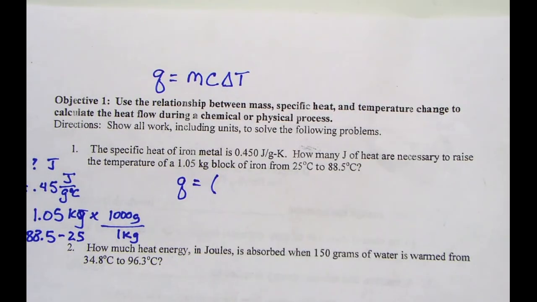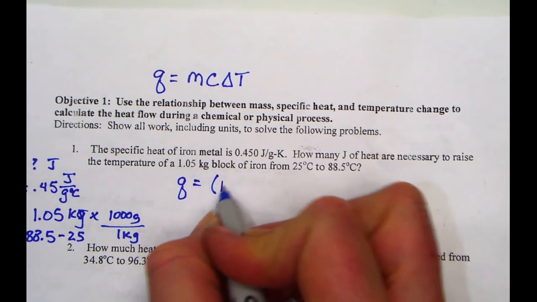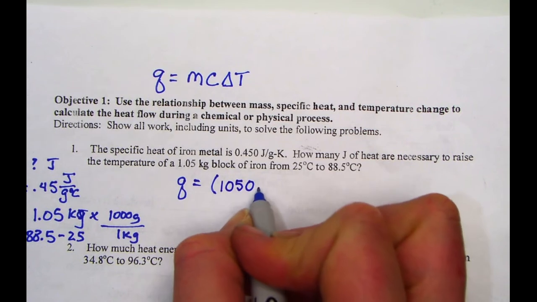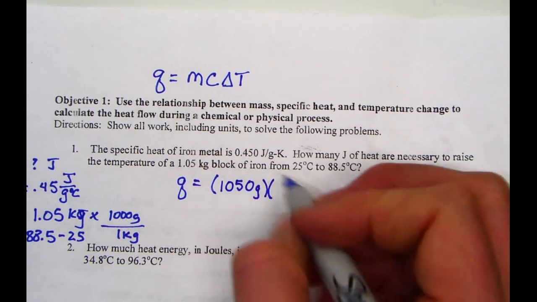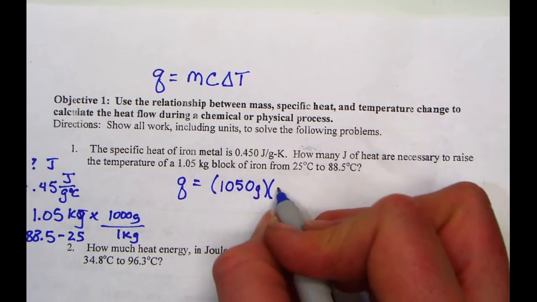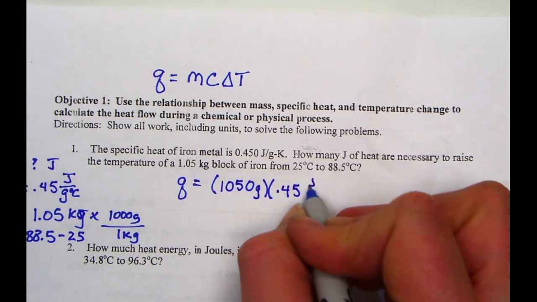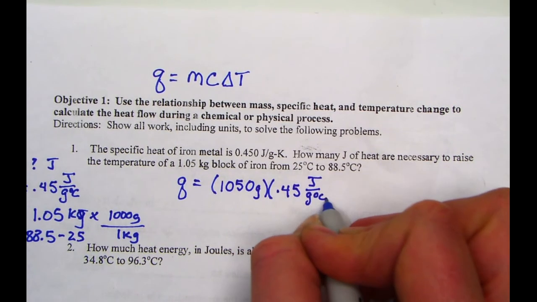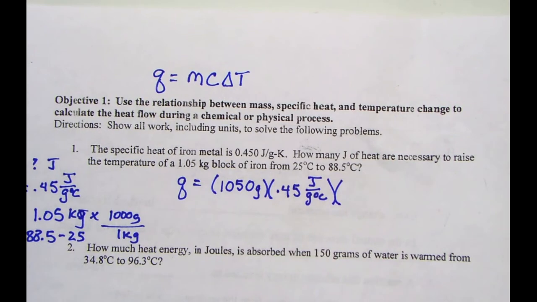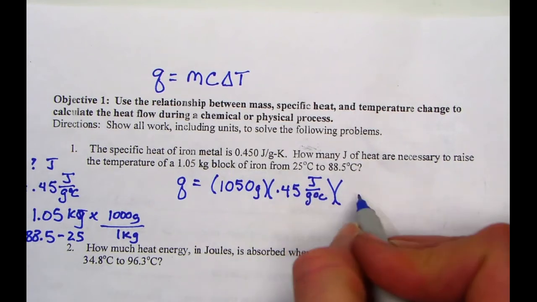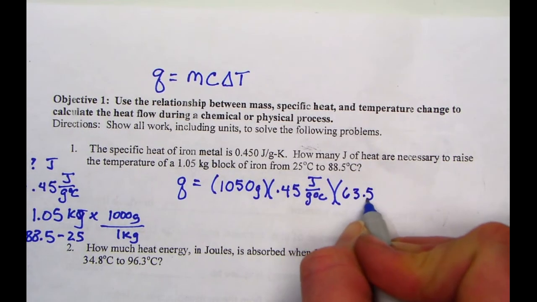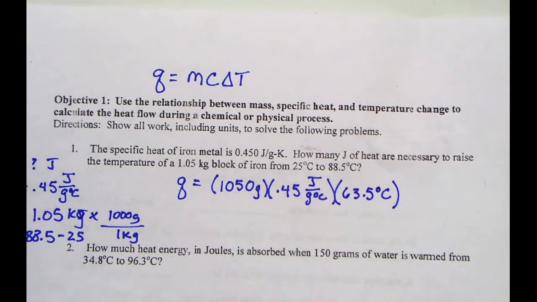Hit that on your calculator, and you've converted a kilogram into a gram, and we would see that's 1050 grams. Specific heat of iron given to us is 0.45 joules per gram degrees Celsius. And T2 minus T1, that's 88.5 minus the 25 shows us a delta T of 63.5 degrees Celsius.